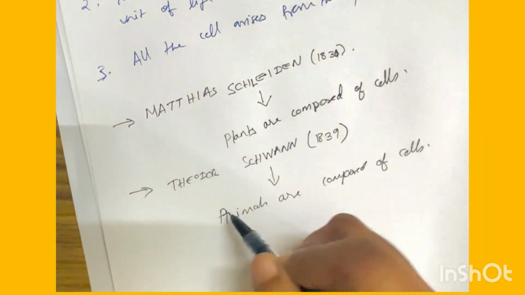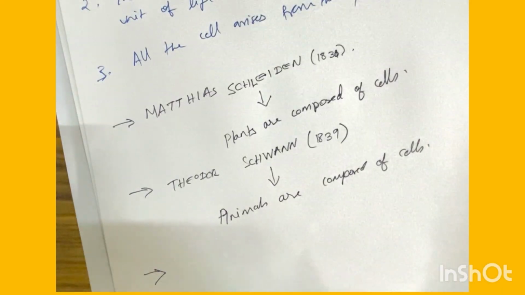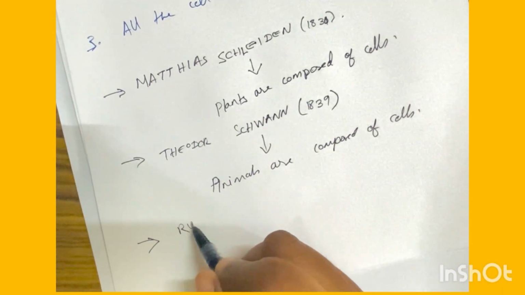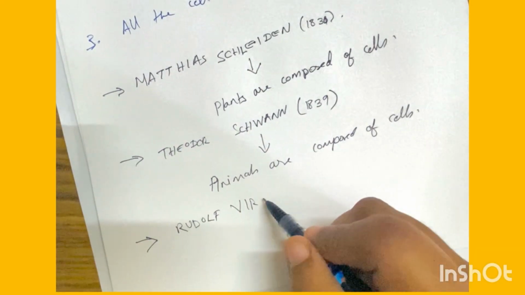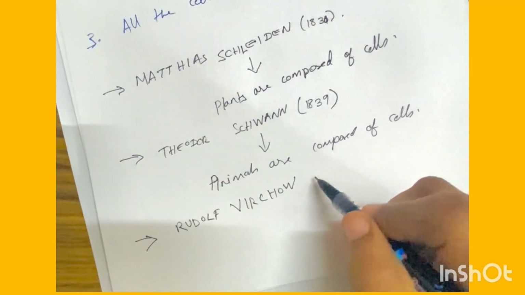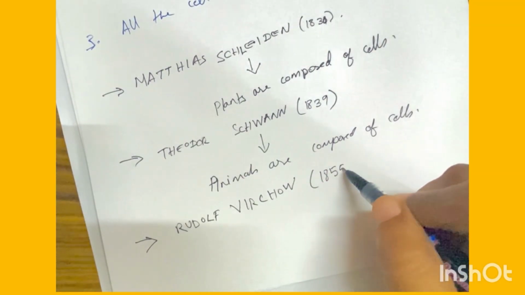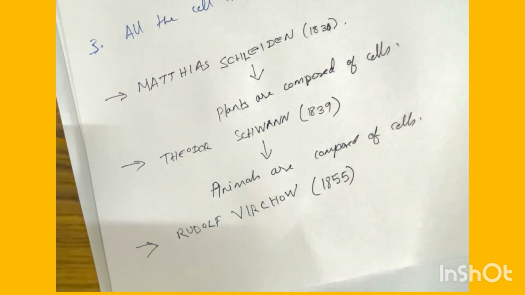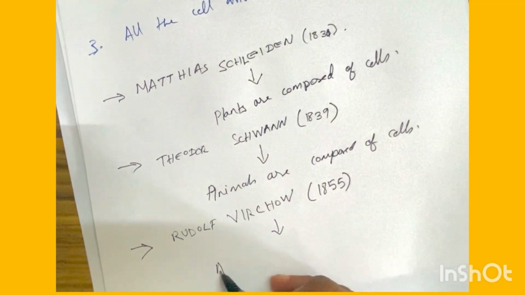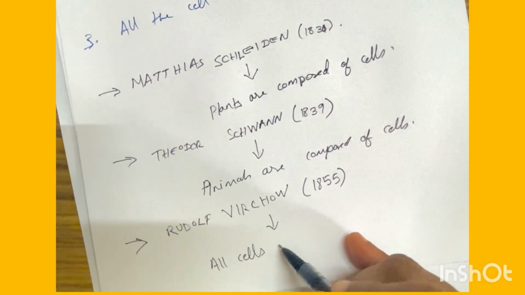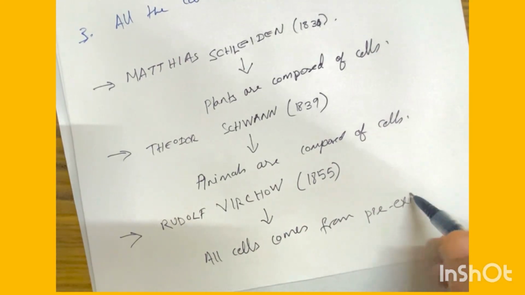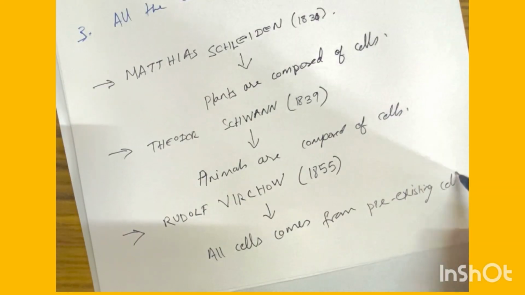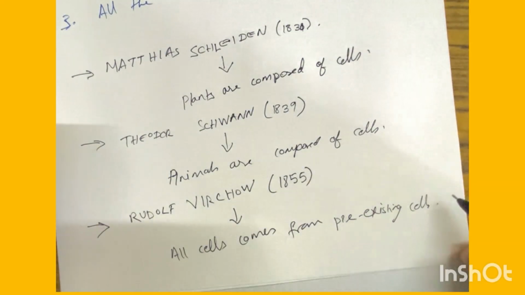Okay, right? Now there is an involvement of another scientist called Rudolf Virchow. In the year 1855, approximately 17 to 18 years later, he added that all cells come from pre-existing cells.